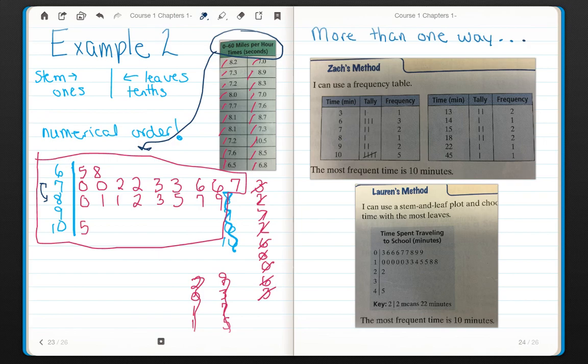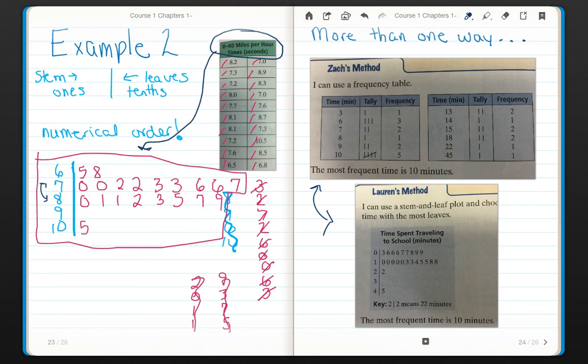We can also organize data using a frequency table, which we've done before. And a frequency table, compared to a stem and leaf plot, these two here are showing the same data. They're both comparing how long it takes each student to get to school.